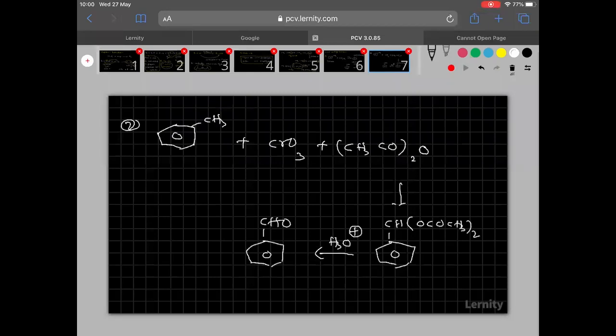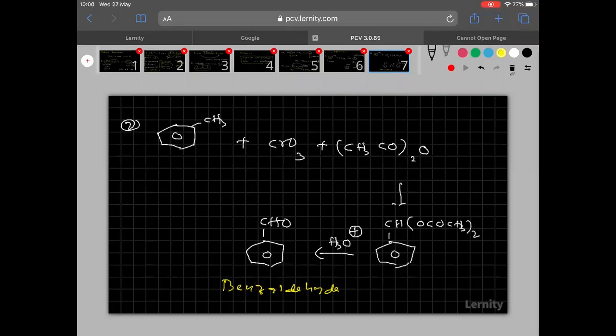As I told you in the previous slide, what is the name of this aldehyde? This aldehyde is called as what? Benzaldehyde. Hope it is clear, everyone.